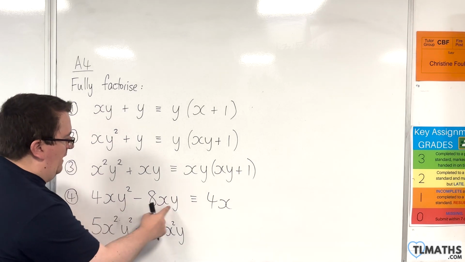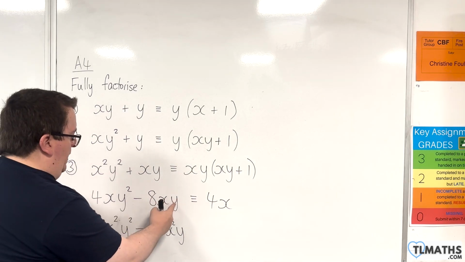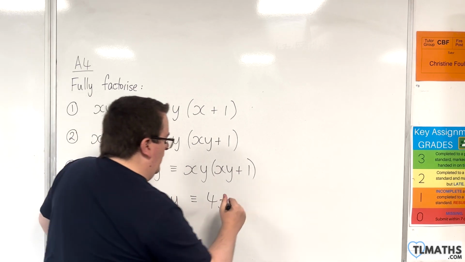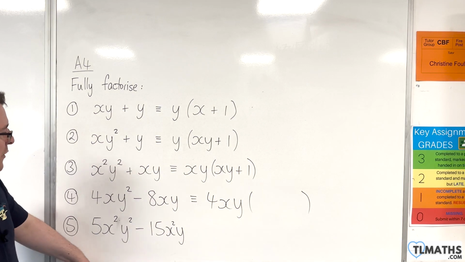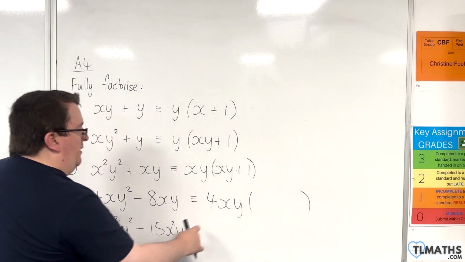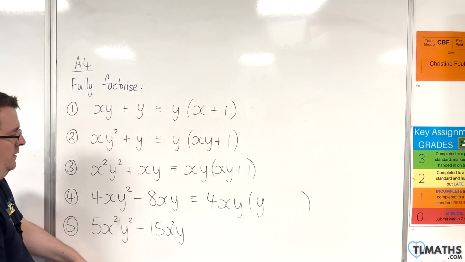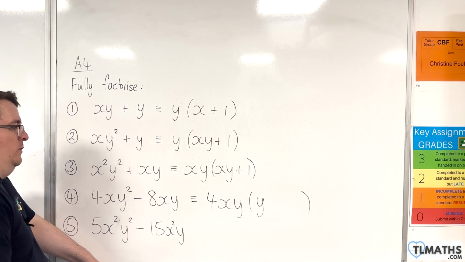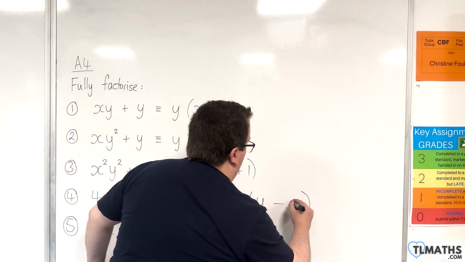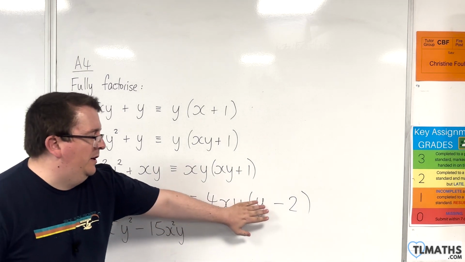And they both have y. Okay? And we're looking at the smallest power of y, so y to the 1. I can factor that out. So 4xy squared divided by 4xy would just be y. And then 8xy divided by 4xy would be 2. So minus 2. Okay, and so that's my fully factorised form.